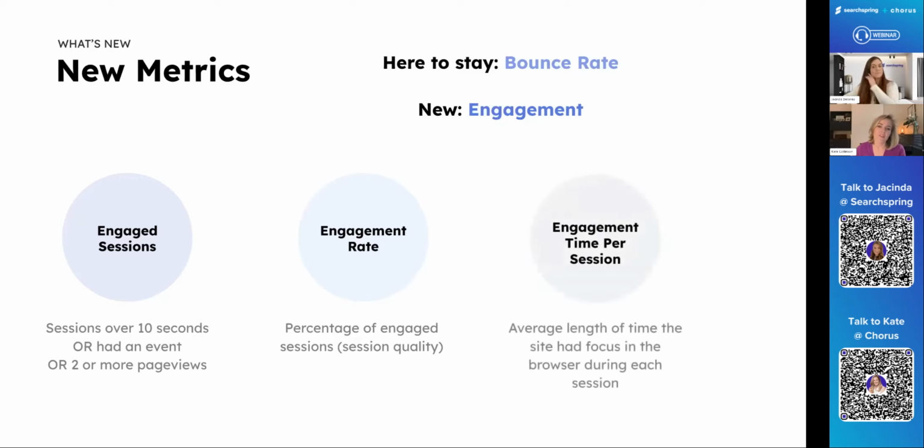And then finally, we have engagement time per session, which gives us an idea of the average length of time the site was in focus in the browser during a particular session. I think this metric is also really, really interesting because what it tells us is, say, for example, if someone is browsing a whole heap of products off of Google Shopping, they might be opening multiple tabs.